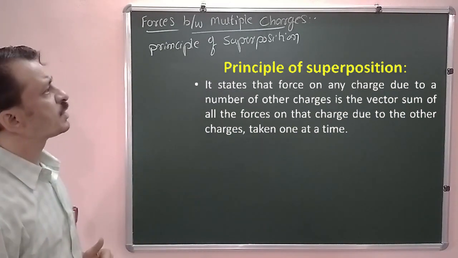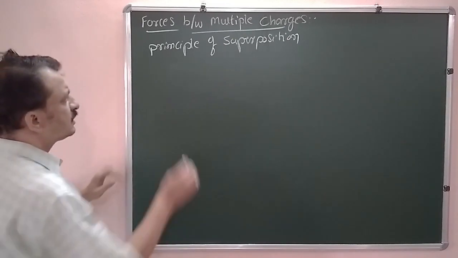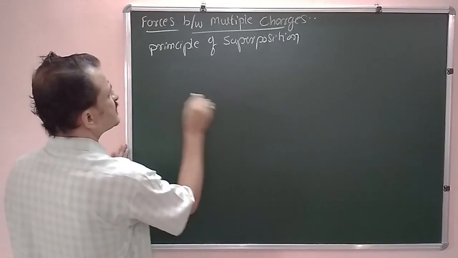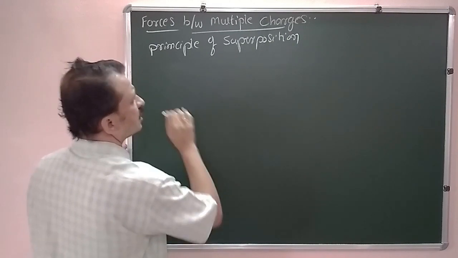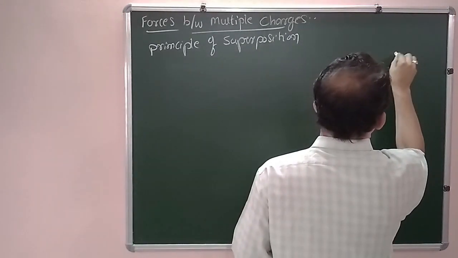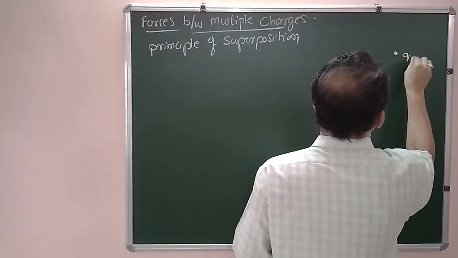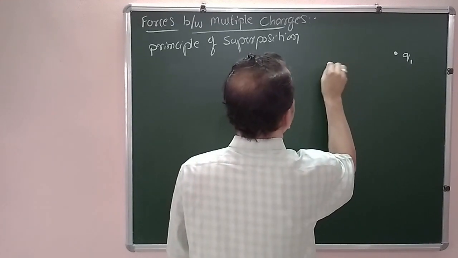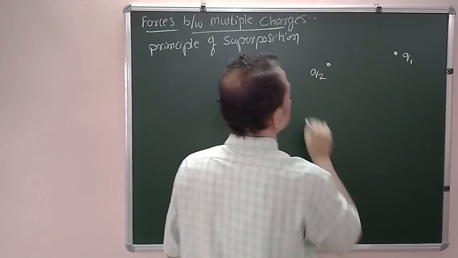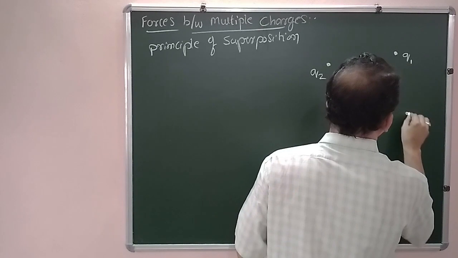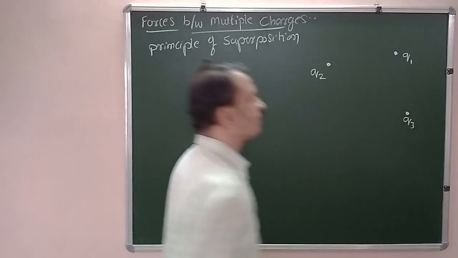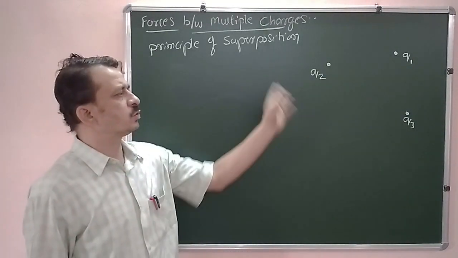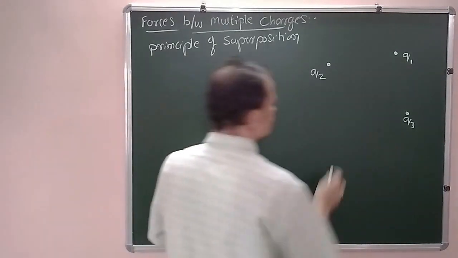So in order to explain this, let me consider 3 charges. Here we are having the first charge Q1, some charge Q2, and another charge Q3. I have 3 different charges Q1, Q2, Q3 for simplicity.